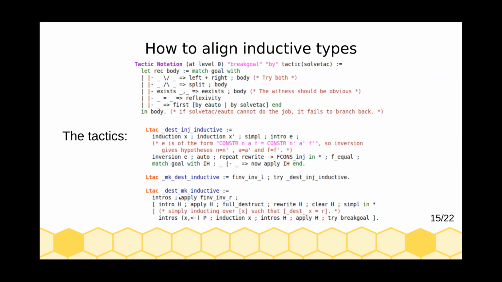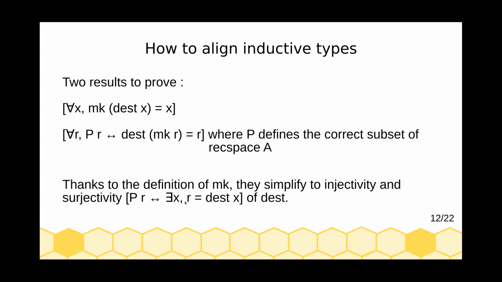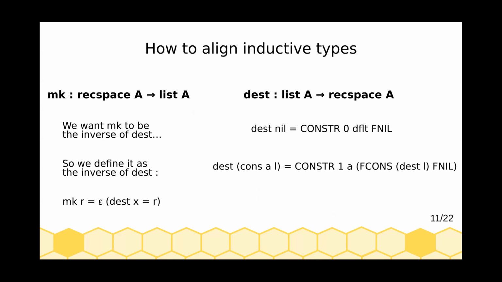But in the other direction, the problem is that what we want to prove is there exists an X such that dest of x is equal to r, when r is one of the possible values. In that case, each time it's going to be very obvious what x should be. It should always be one of the constructors of the type applied to some elements.